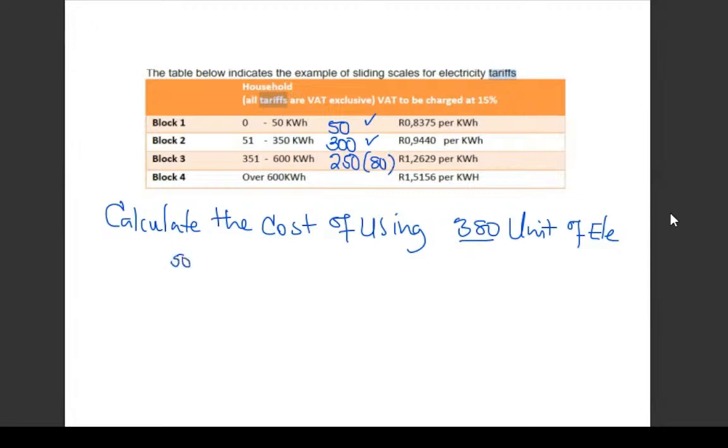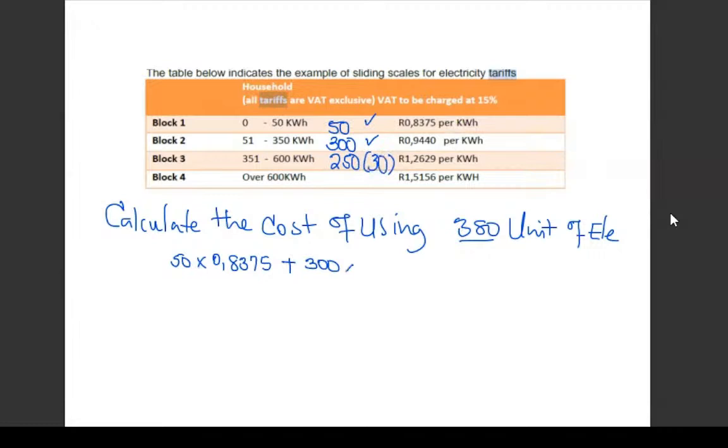You say 50 times 0, plus the next bracket is what? Oh, sorry, this should be 30, not 80.